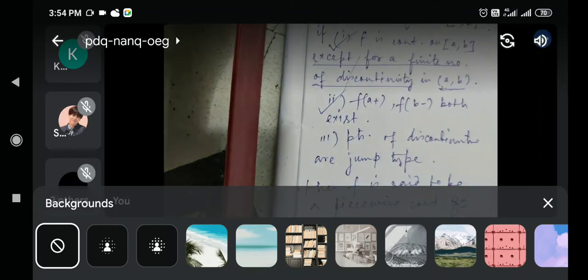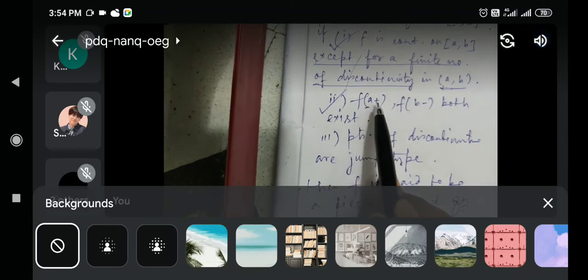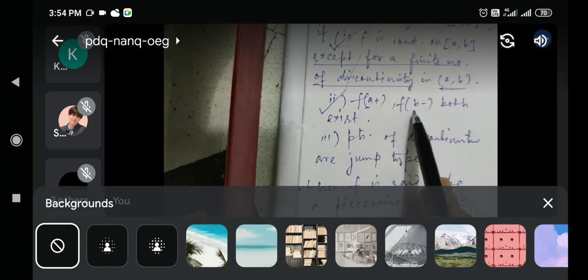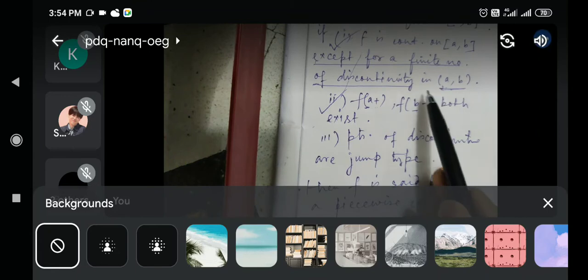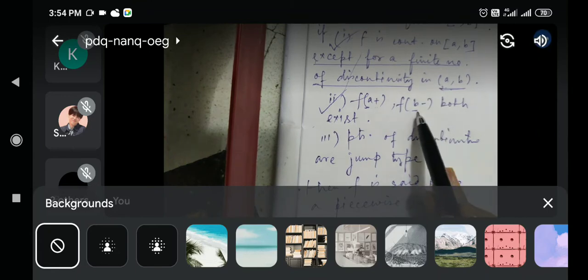Number 2, at the left end point A the right hand limit, f of a plus, should exist, and at the right end point B the left hand limit, f of b minus, should exist.